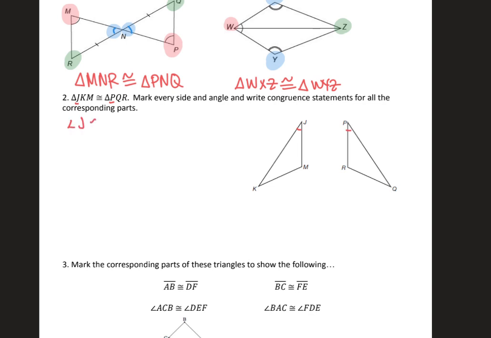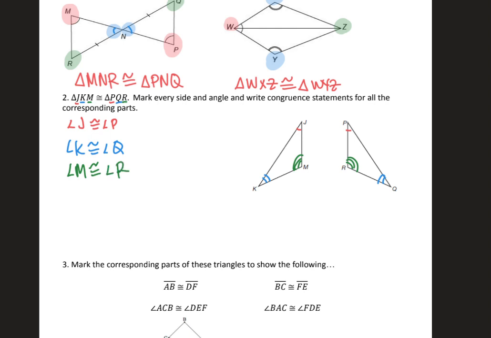So angle J is congruent to angle P. Then I'm going to do angle K is congruent to angle R, or K is congruent to angle Q, excuse me. So I'm going to use 2 markings. So angle K is congruent to angle Q. Then I have angle M is congruent to angle R. So 3 arcs. Angle M is congruent to angle R.